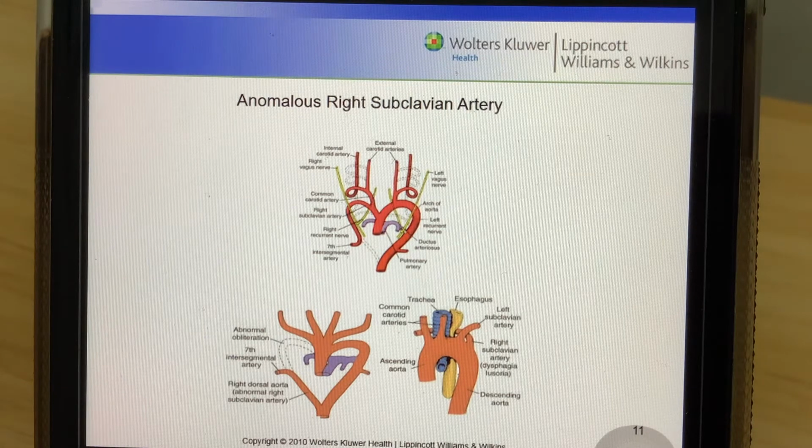The anomalous vessel wraps around the esophagus and may also cause difficulty swallowing. It compresses the esophagus too. So we have the same problem: dysphagia, or difficulty in swallowing.